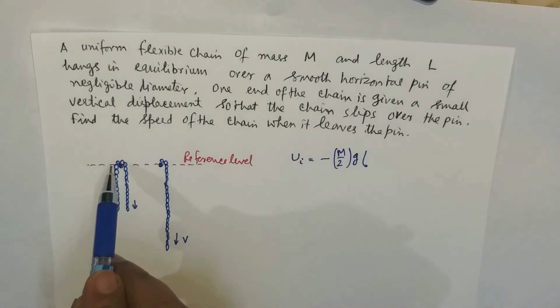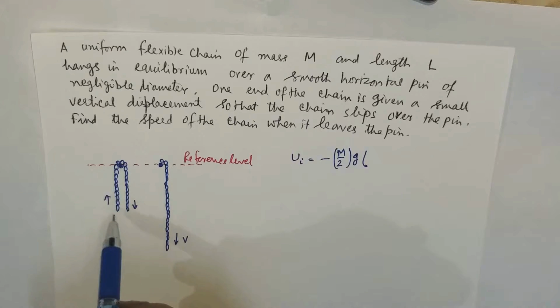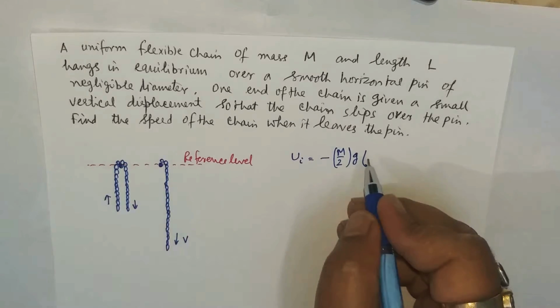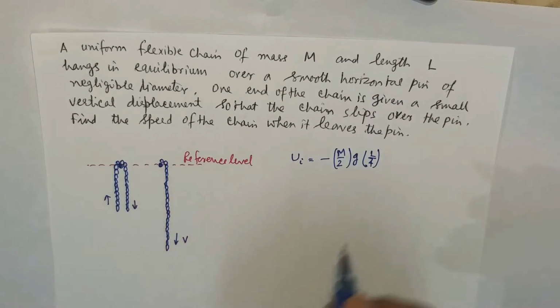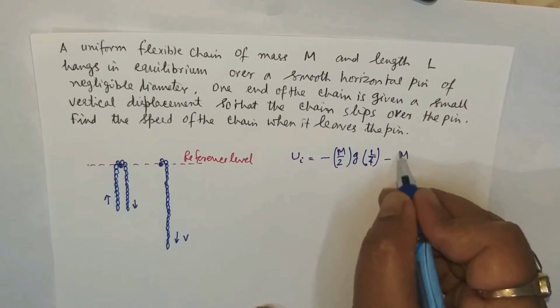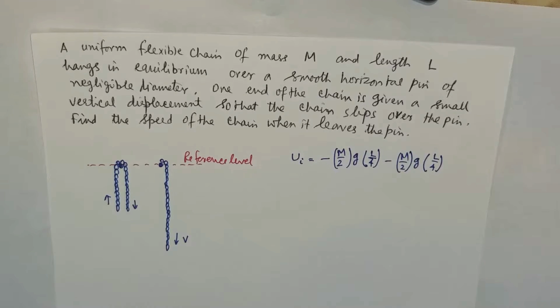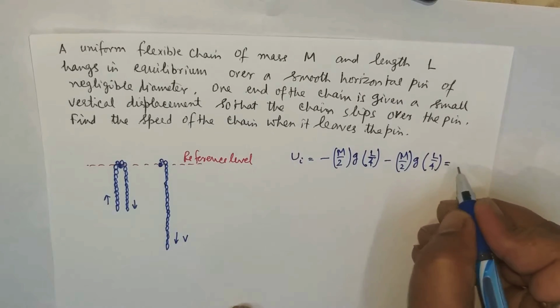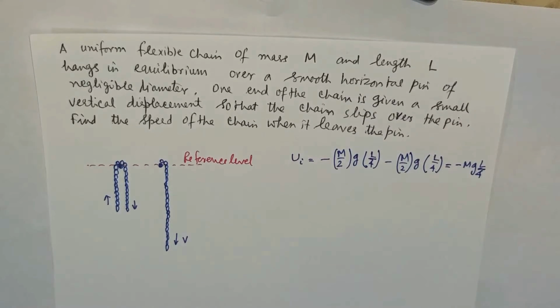And what is the distance up to the center of mass of the hanging portion? The total length is L by 2, half of that is L by 4. And the same thing is repeated for the other one, that is minus, the mass is m by 2 g and the distance up to the center of mass is L by 4. So finally what we get is minus mg into L by 4.